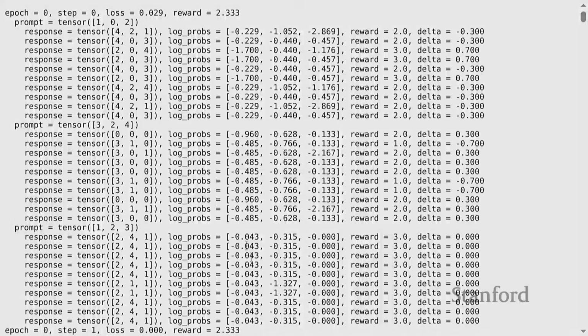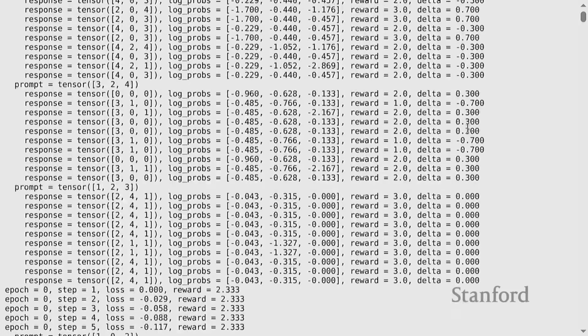So let's look at this run. Notice here that I generate some examples with reward 2 and 3, but because I'm centering, I'm pushing the model towards the ones with reward 3 and away from the ones that have reward 2. So this is what centering is doing.